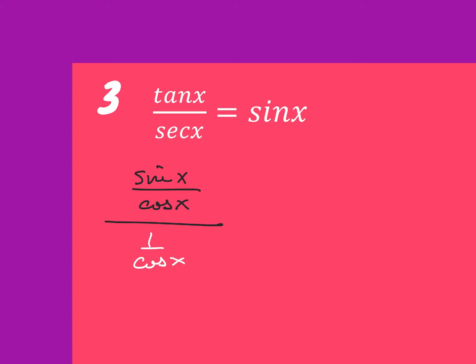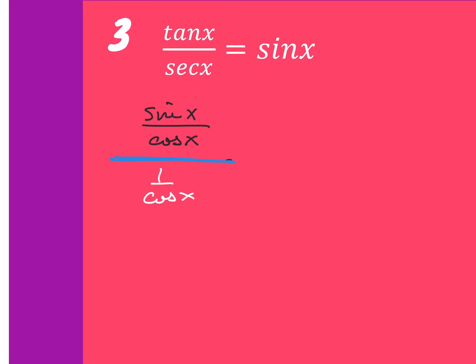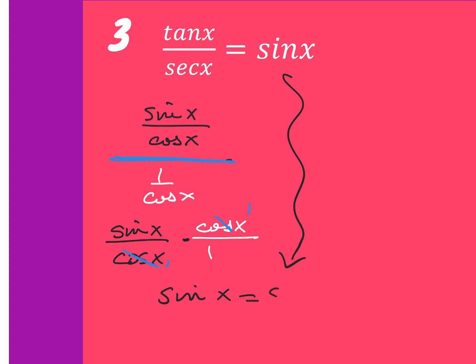So again, remember this fraction bar means division. So we're going to do a keep, flip, change. Keep the numerator the same, and then flip the denominator upside down and multiply. I can simplify diagonally, and it simplifies to sine x, which is what they wanted me to get it to. And I'm done.